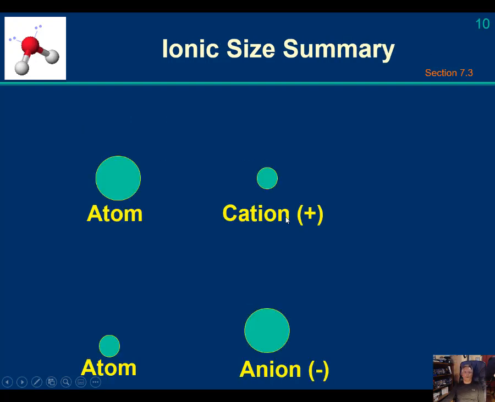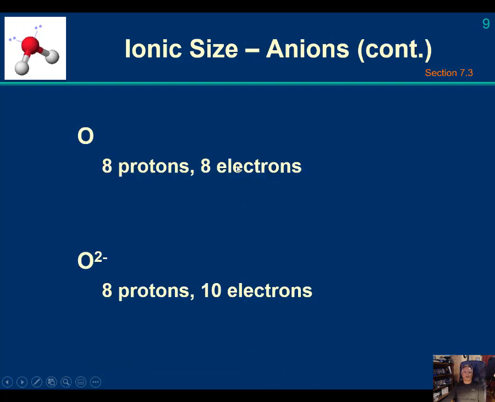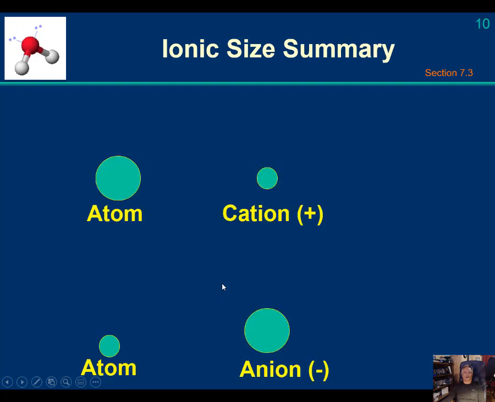And there's what we just talked about. 8 protons, 8 electrons; 8 protons, 10 electrons. The anion swells up a bit. It gets larger. So for anions, atoms are smaller than their anions. This is just a visual so you can visualize it.